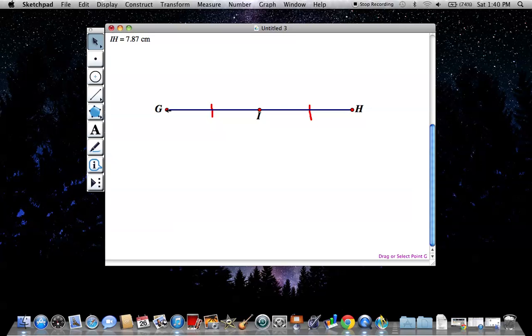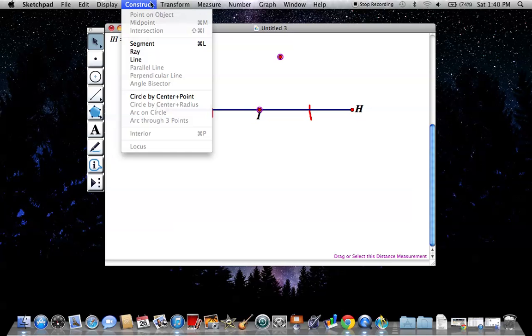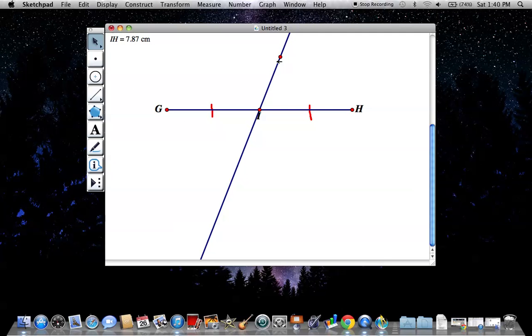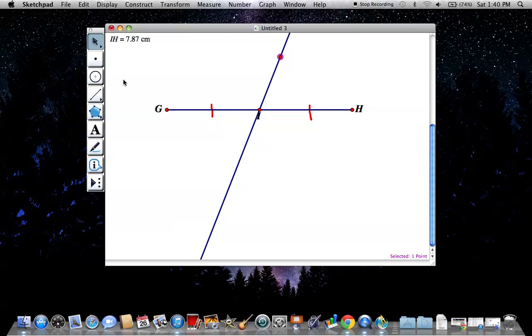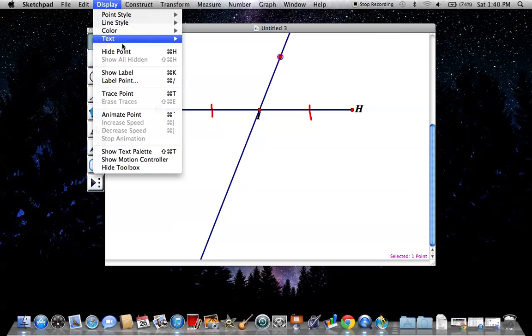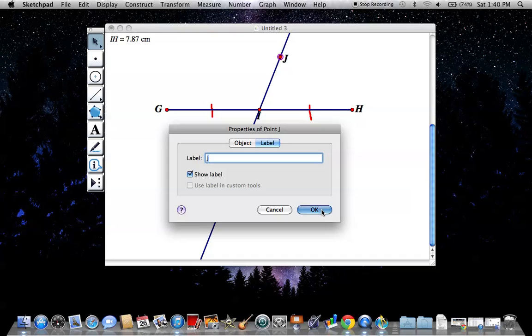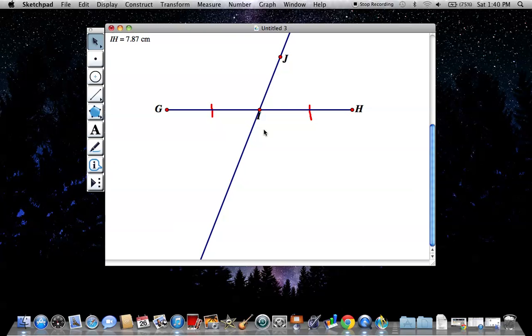So if I'm looking at segment GH right here, I construct a line and label this point, so I have line JI here.